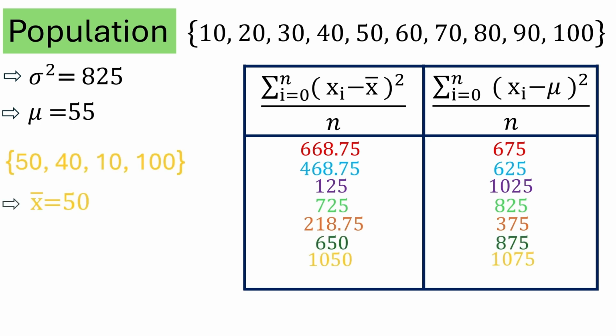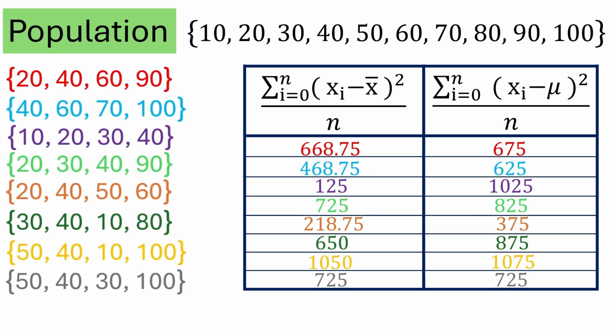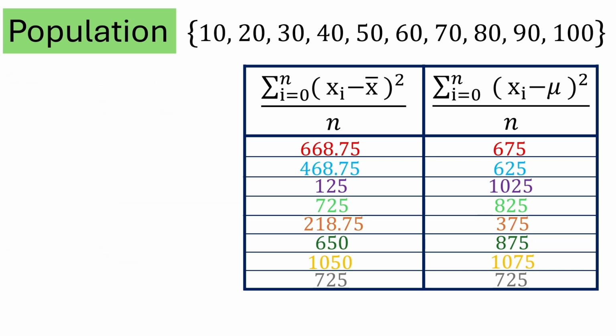See, the calculations are really simple. That is why I'm not showing them here. You just plug in the values and find this estimate. So these are our 8 samples, and if you want, you can calculate these estimates yourself. Now we'll find the average of both these estimates.